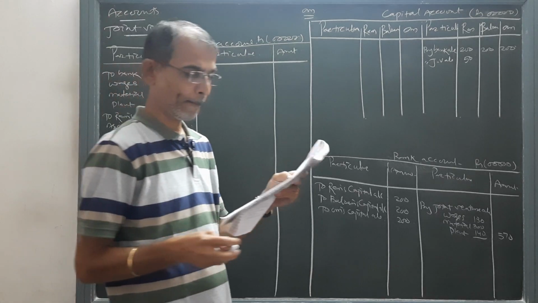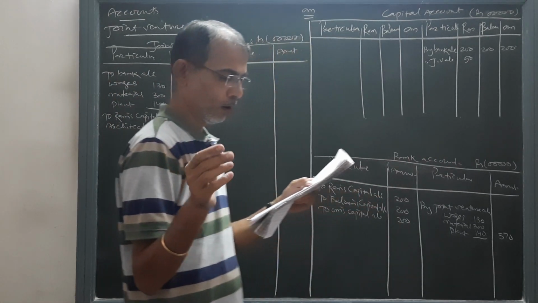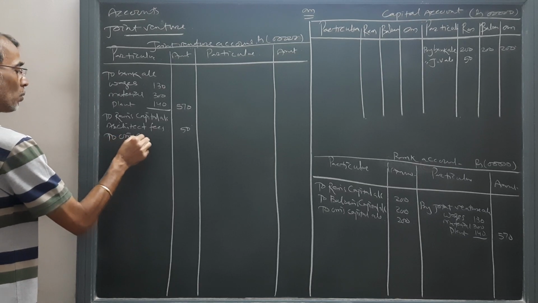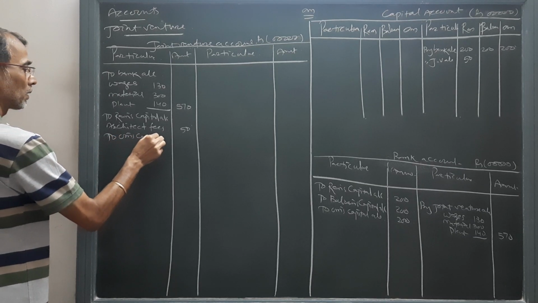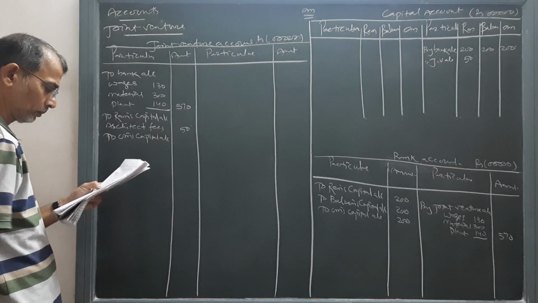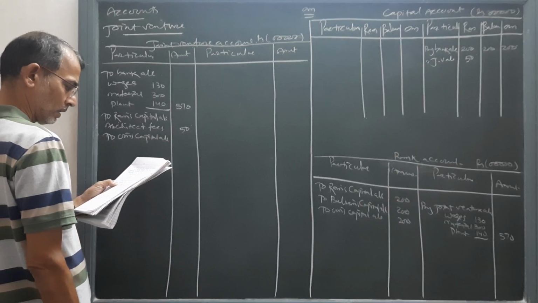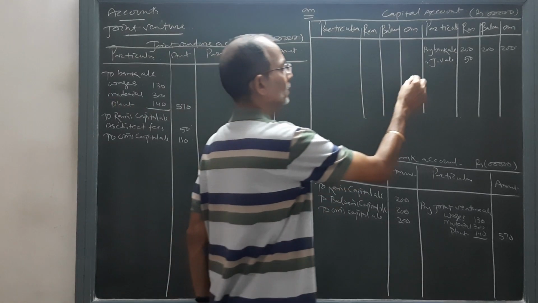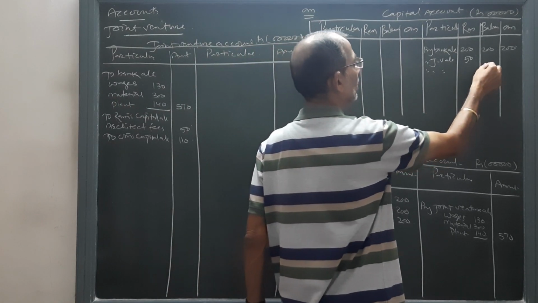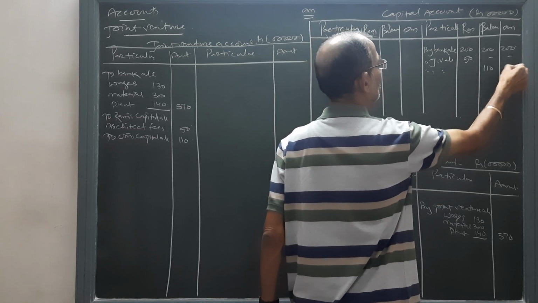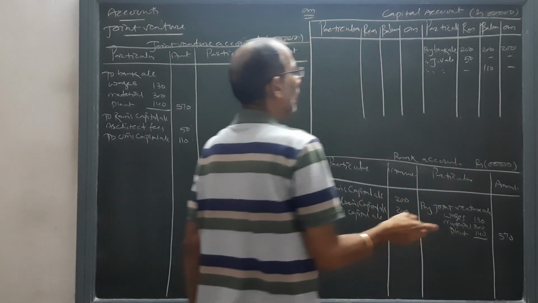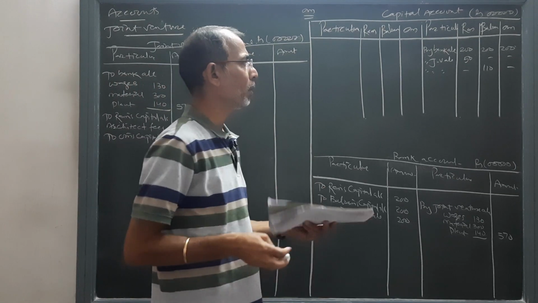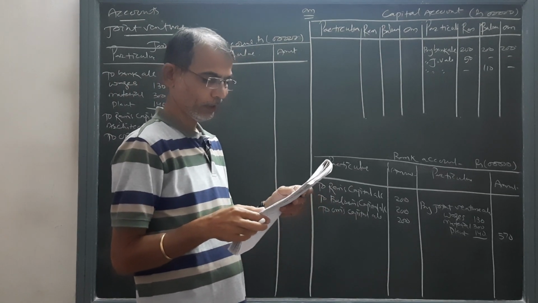Machinery brought by Om 1 crore 10 lakh, to Om's capital account, that is 110, by joint venture account. First was architect fees and then Om brought machine.